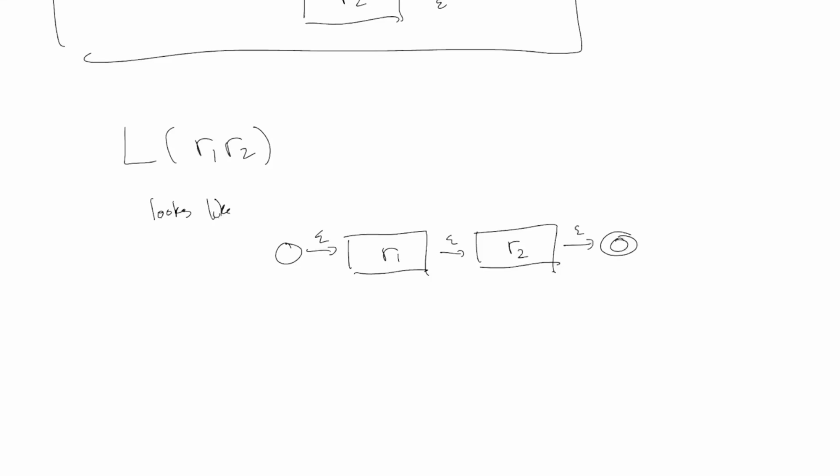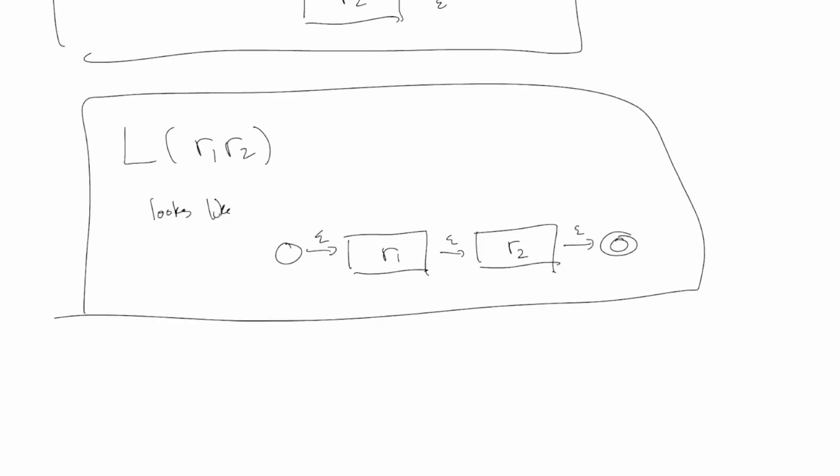Here you can see why it's important in these constructions that we always have a single final state, as that allows you to patch these things through. If R1 had three different accepting states, it wouldn't be clear what I mean when I say you put this one after this one. But if they all have one accepting state, then everything works out great. So this is our second nuts and bolts construction. When you see one thing after another, this is how you chain them together.